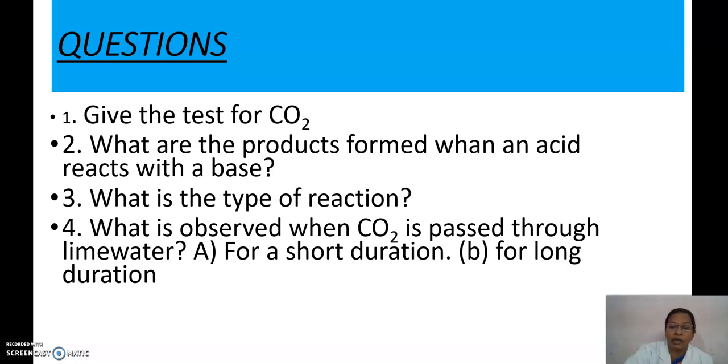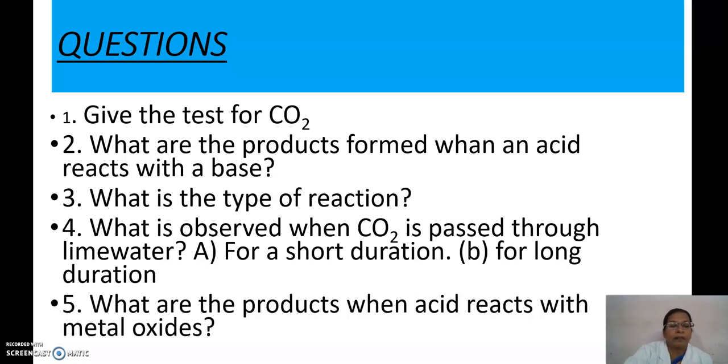And if you continue to pass carbon dioxide for a long time, that milky appearance will disappear and the solution becomes clear due to the formation of calcium hydrogen carbonate. Then see the last question. What are the products when an acid reacts with a metal oxide? It is also just like a neutralization reaction. Salt and water are formed.